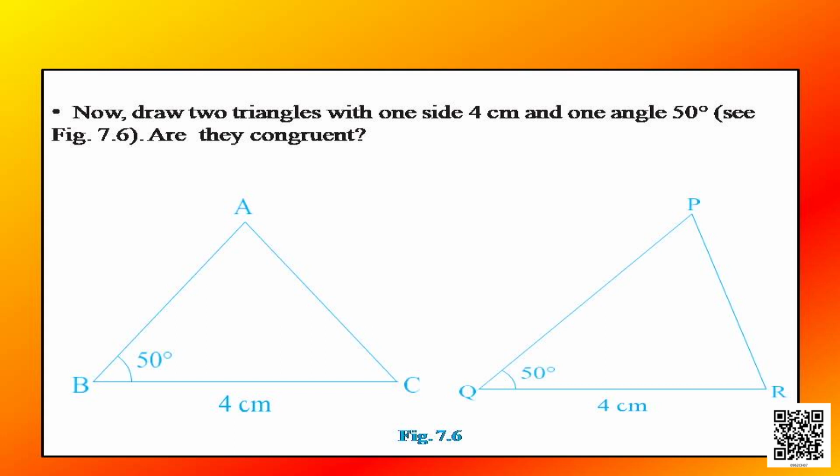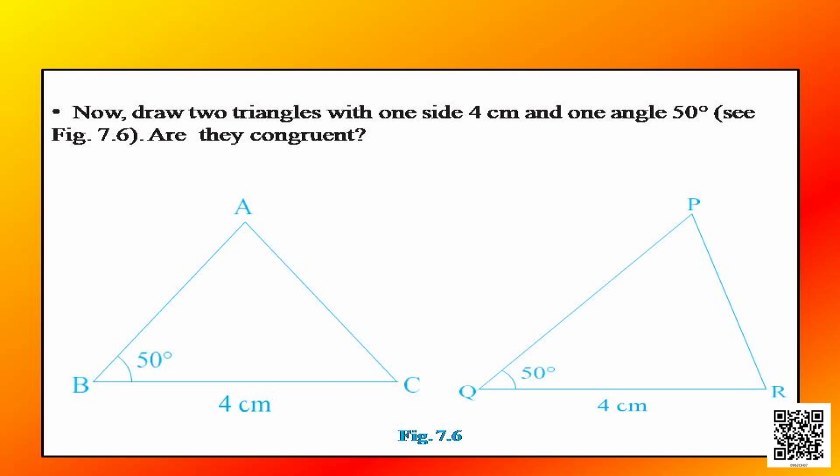BC is the corresponding side of QR having equal measurement of 4 cm, and the included angle, that means the angle between side AB and BC, that is 50 degree, and in the same way the included angle, the angle between PQ and QR, is 50 degree.